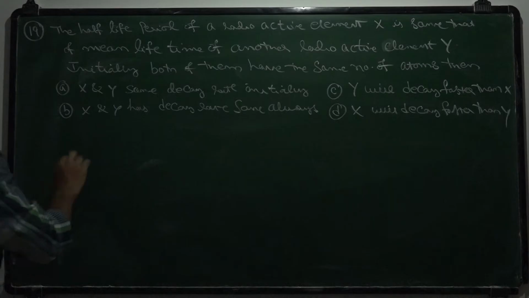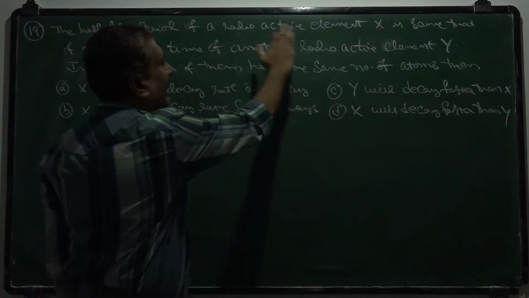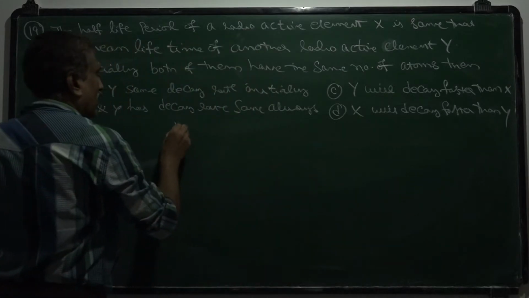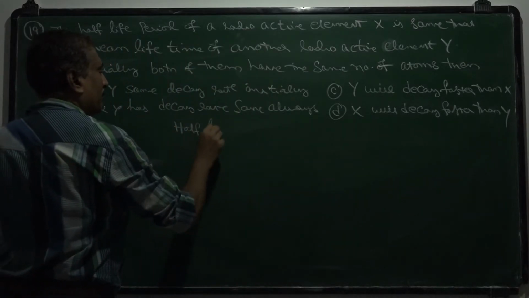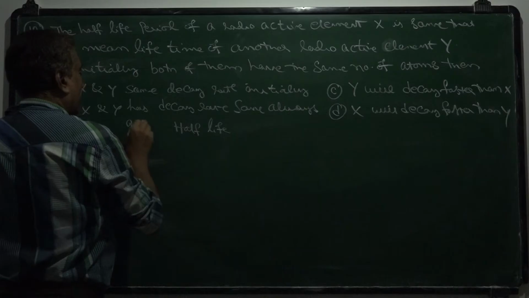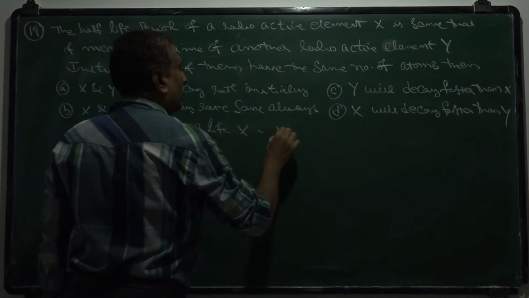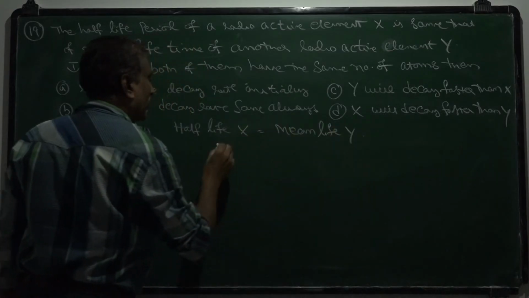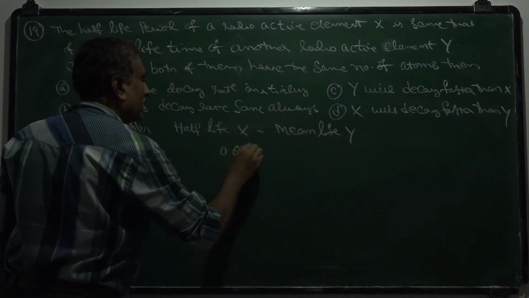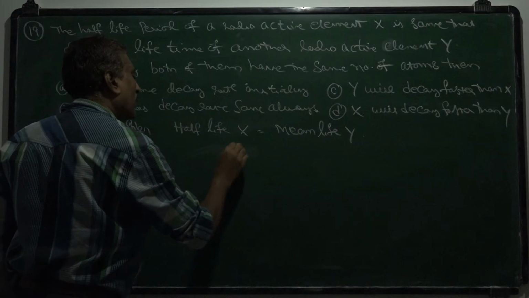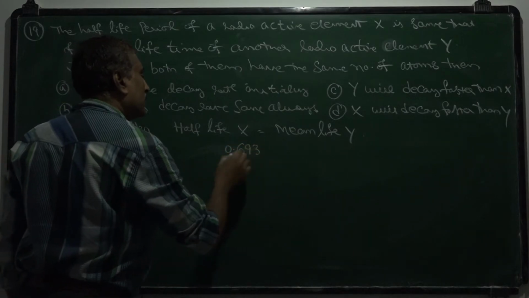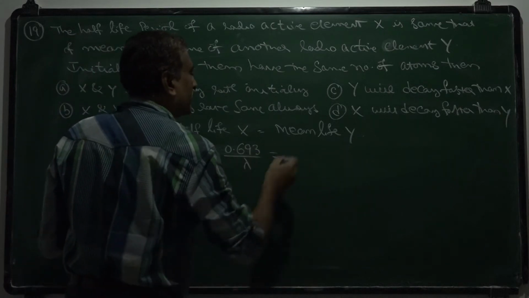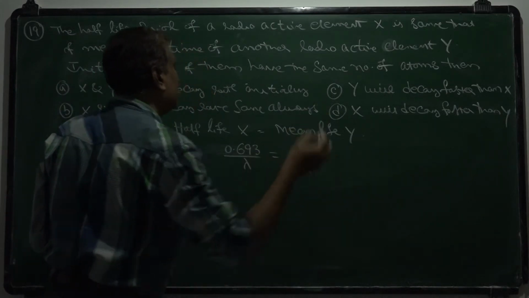So first, given that the half-life of X is equal to the mean life of Y. Half-life is 0.693 by lambda, whereas mean life is 1 by lambda.